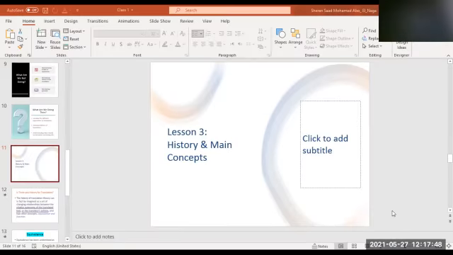We are still working on Unit 1. So far, we have done ethics code in translation, and we have learned what we are going to do and what we are not going to do in this course. Now, let's go deeper into some concepts.